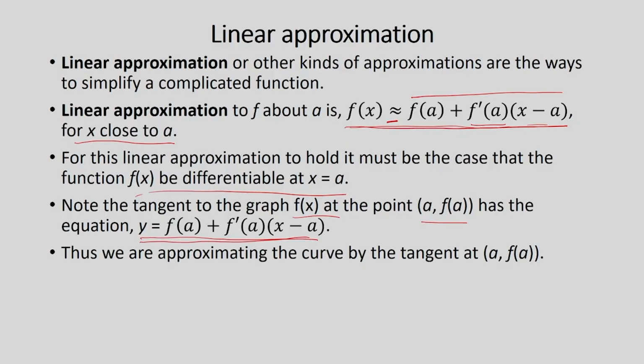Well, the reason is very simple. At point a, at x equal to a, the value of the function is f(a). So, the slope of the function is what? It is (y minus f(a)) divided by (x minus a). If you have two points on a straight line, then the slope of the straight line is (y1 minus y2) divided by (x1 minus x2).